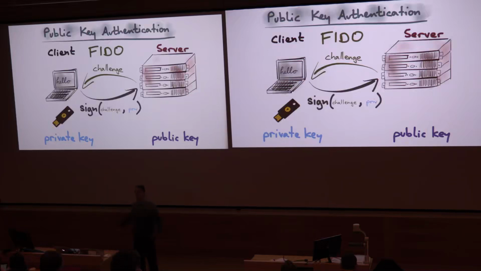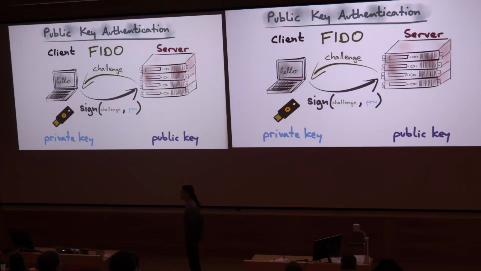But the basic principle is, once again, you get a challenge from the server. That challenge is signed using the private key and handed over to the server, and the server can check that signature.